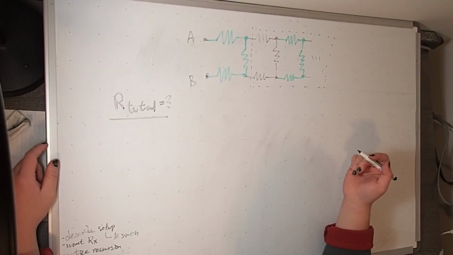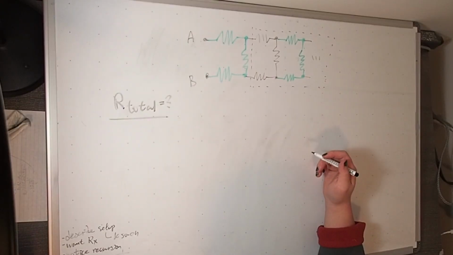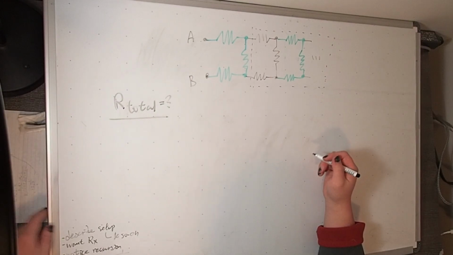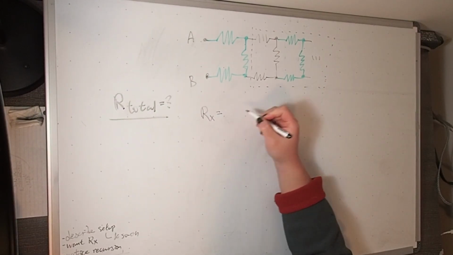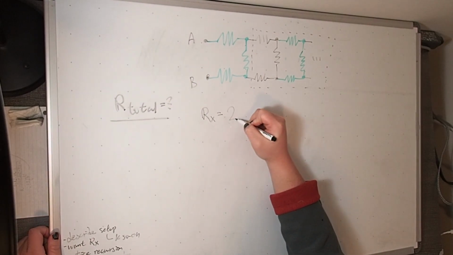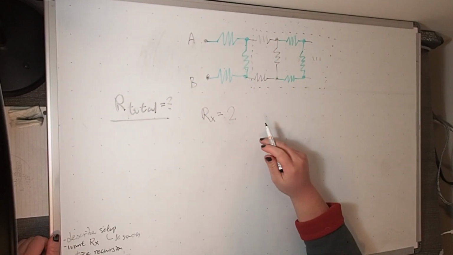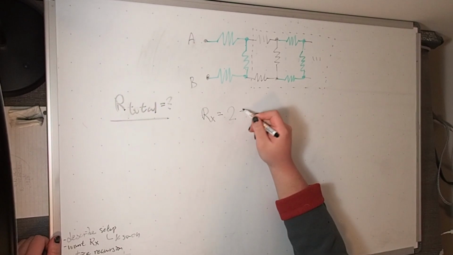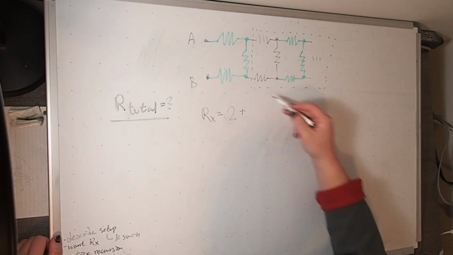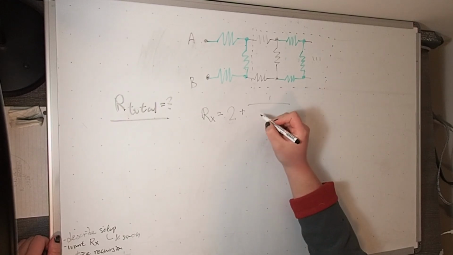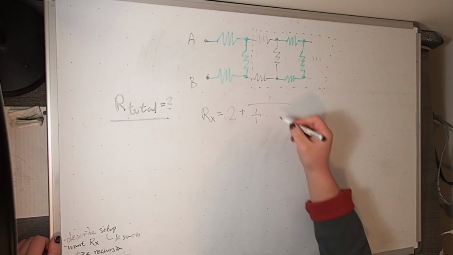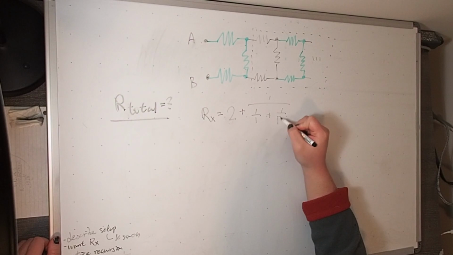So to start up the equation, we will end up with Rx, our R total, equals 2 ohms, because now we have two resistors in series, plus the parallel portion of this equivalent resistor and this other resistor. So we have 1 over 1 again for this resistor plus 1 over Rx.